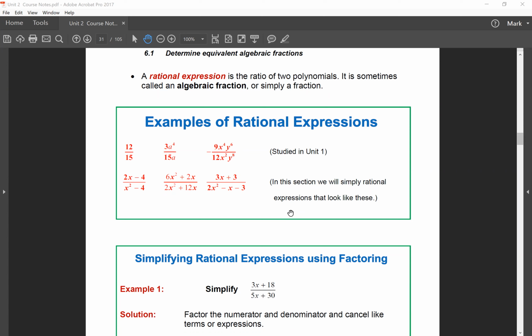We didn't know factoring. You guys might have known factoring, but we never practiced it until topic 12.